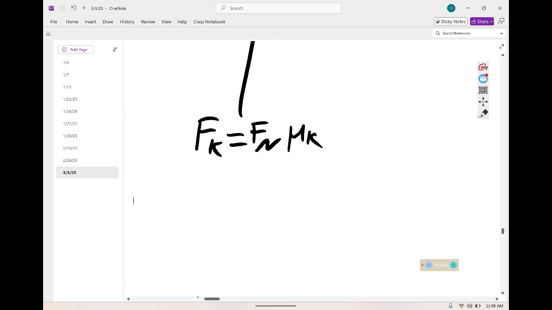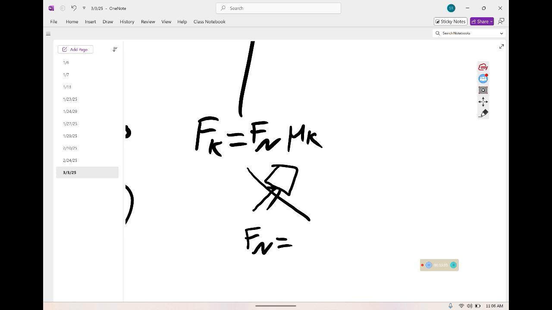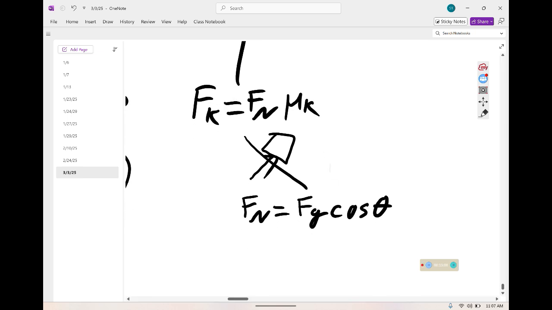Now remember that normal force is always going to be perpendicular to the surface. So when we put something on a ramp, the normal force decreases. In this case, and I hope you remember this, normal force is going to equal the force of gravity times the cosine of theta, which would be mass times gravity times the cosine of theta.